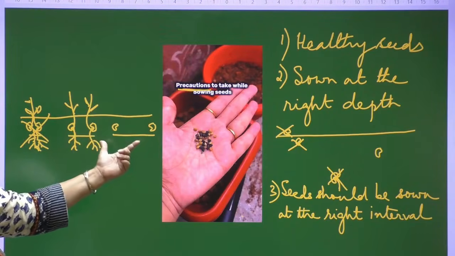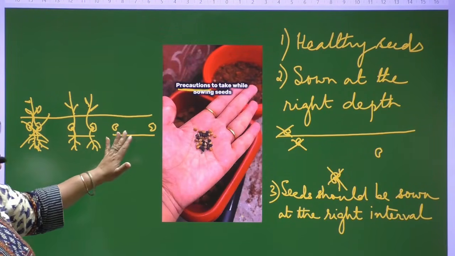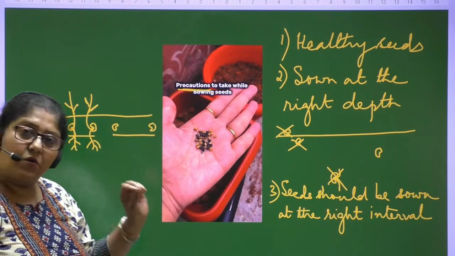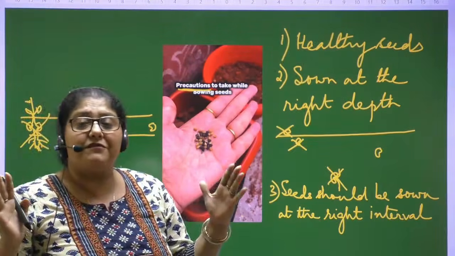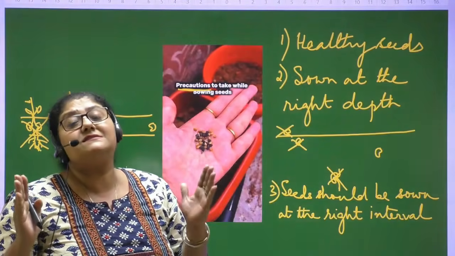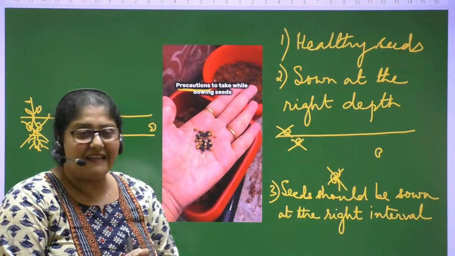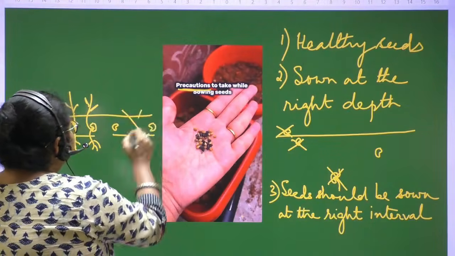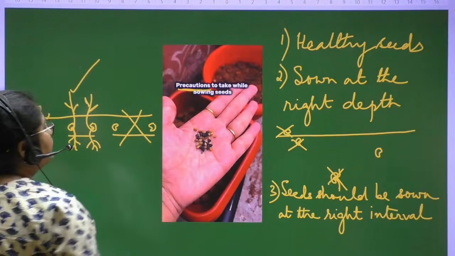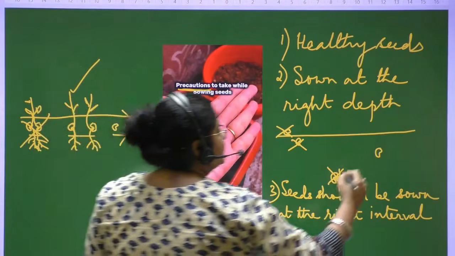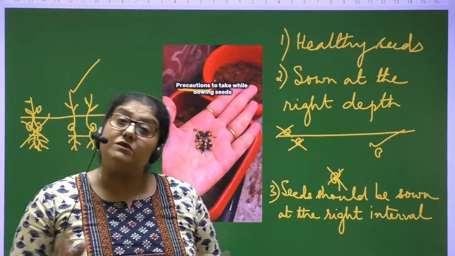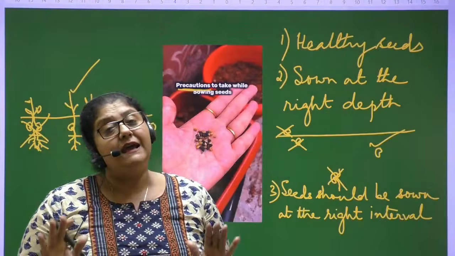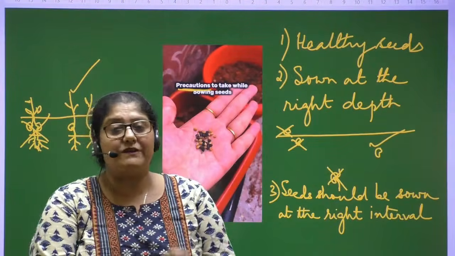In the third case, there is no problem as such, but the only drawback is that if you keep the seeds so far away from each other, there is an unnecessary wastage of space. Hence, this is also ruled out. So this is the right gapping, and this is the right depth at which the seeds have to be sown. These precautions have to be kept in mind by the farmer when sowing seeds.